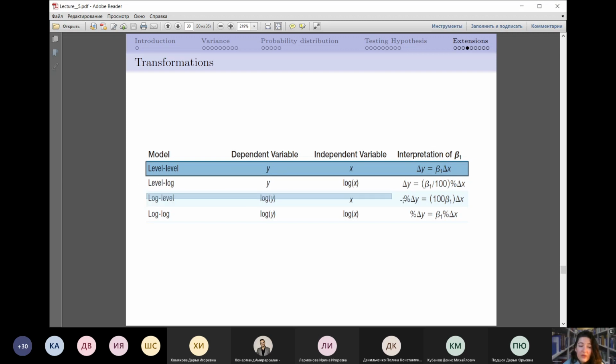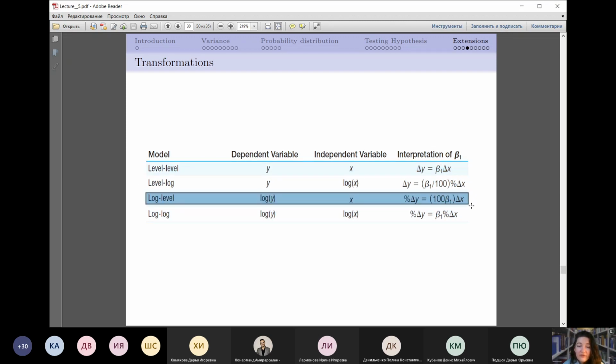But when we have this type of functional form, the log-level model, we interpret our beta coefficient with some correction. We say that a 1 unit increase in x affects our dependent variable by this beta coefficient multiplied by 100%.